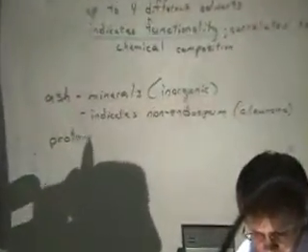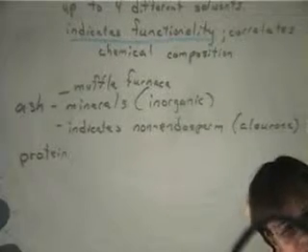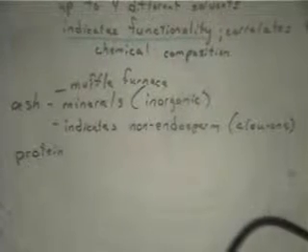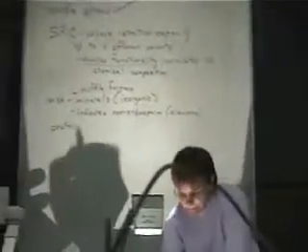That's done with the muffle furnace. So you heat it. This will also help you, because there's some overlap between the score quiz tomorrow and the exam on Monday. The score quiz tomorrow includes the labs that had moisture, two-stage moisture, ash, protein, so this is kind of a review for that too. Doesn't hurt.